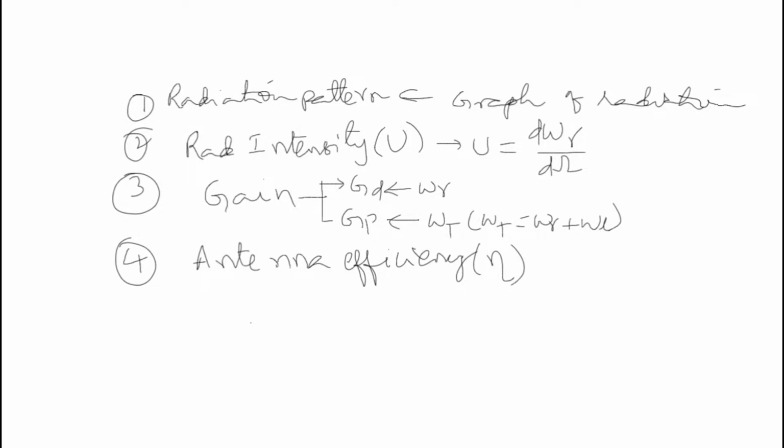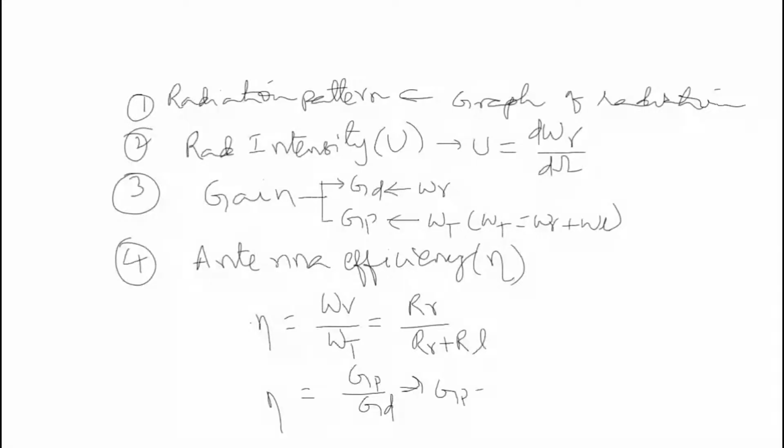Coming to antenna efficiency, it is defined as the ratio of radiated power to the total input power given to the antenna. It is given by RR by RR plus RL, and this eta can be written as GP by GD. If GP equals GD, then eta equals 1, that means the efficiency factor is 1 and efficiency is 100%.